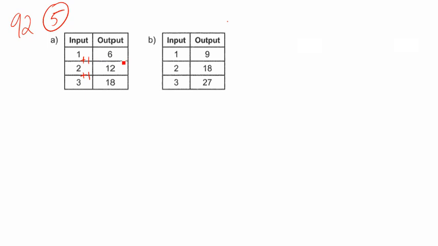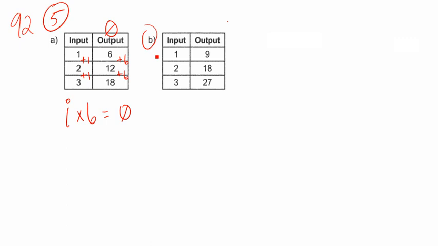That's one statement. We could also say the output is increasing by 6 each time. So what's the relationship between input and output? The input multiplied by 6 equals the output. Okay? So again, this O meaning output, not 0.